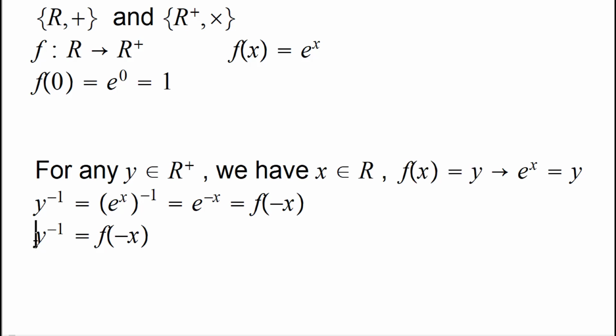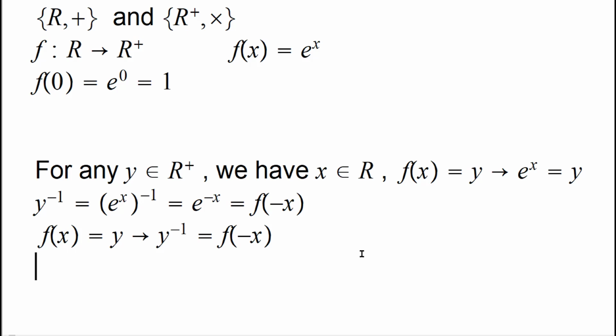Or rather, in other words, f(x) = y implies that the inverse of y is the image of the inverse of x, okay? So anyways, we saw that we have a bijection, sorry, an isomorphism between R and R plus.